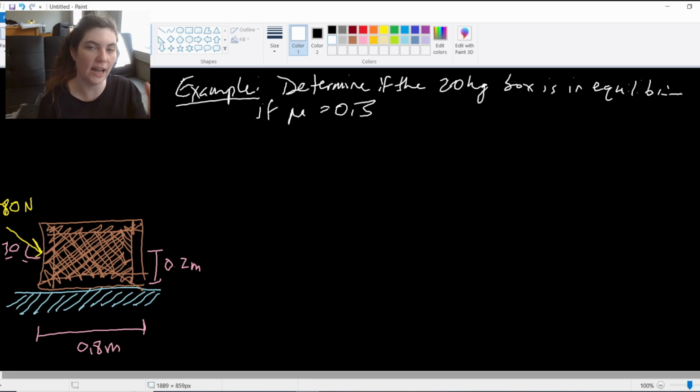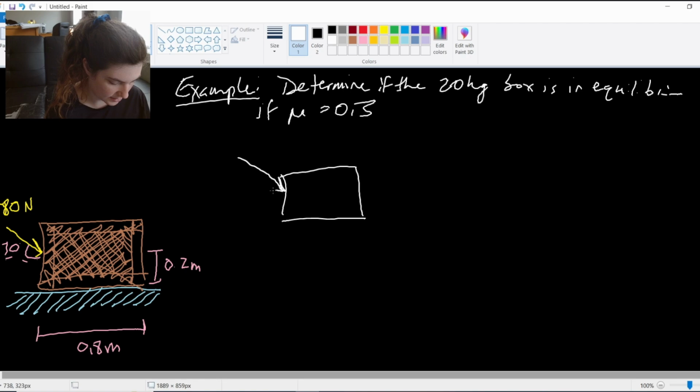Is the friction actual greater than or less than our friction max? So we're going to need to calculate both of those values. And the first thing we always do in any situation in statics really is going to be our free body diagram. So here I'll draw my box body.